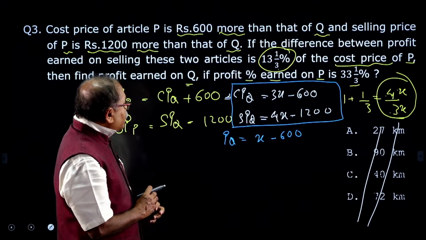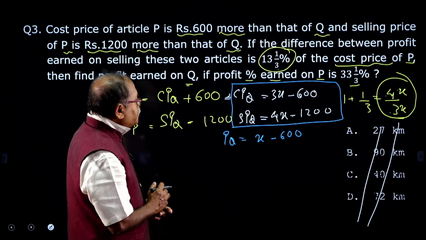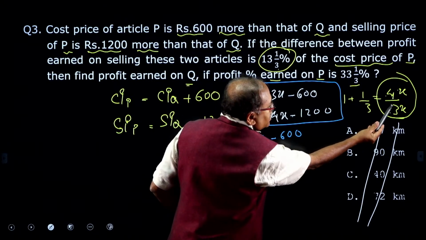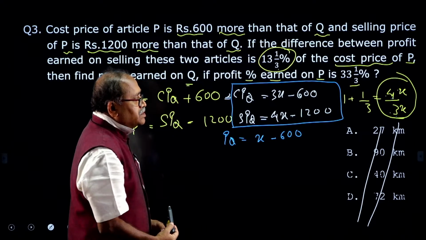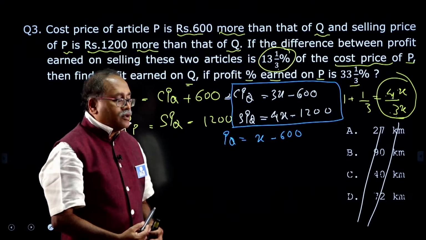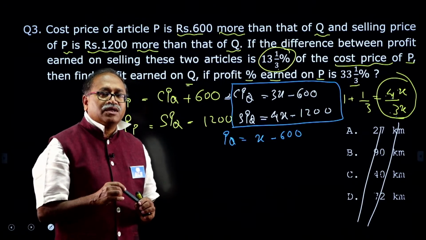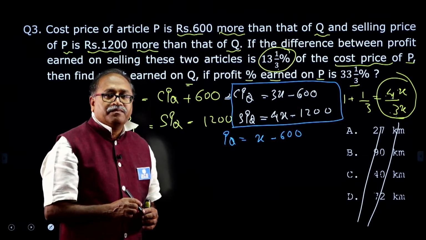We already considered that the cost price of P is 3x and the selling price is 4x. Come on, my friends, I am just waiting for a few seconds so that you can think of the next step, because it is not a very direct question.